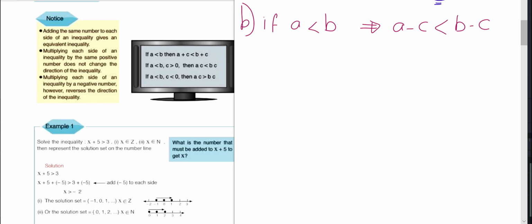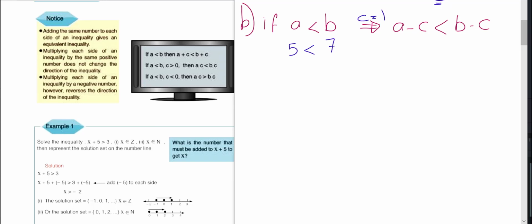When subtracting the same number from both sides of the inequality, let's get the relation. Say I have A less than B, A is equal to 5 and B is equal to 7, and 5 is less than 7, we know that. Let C is equal to 1 as we said before.